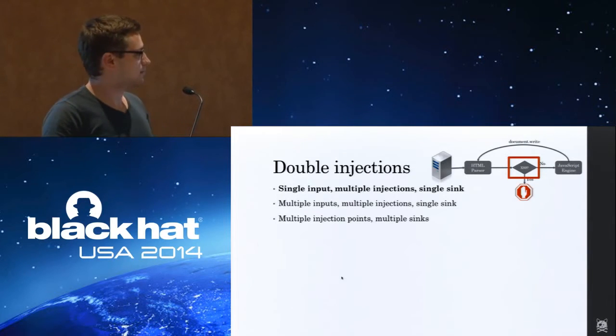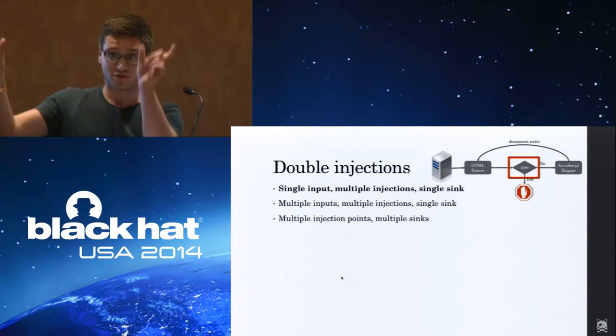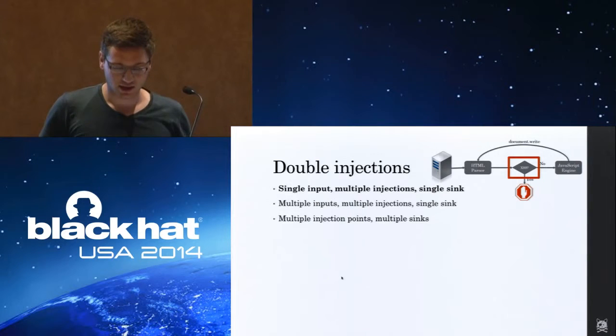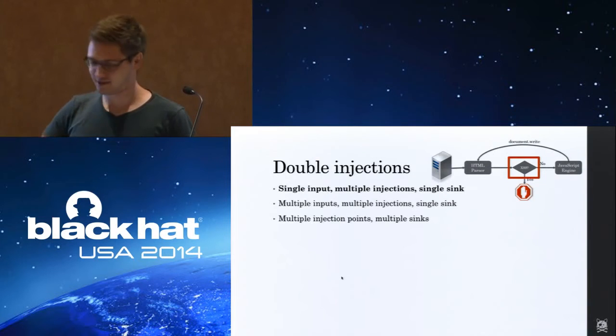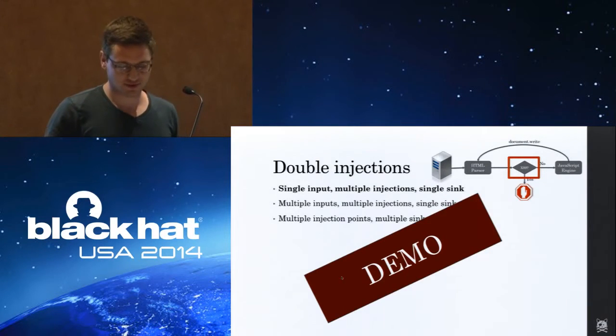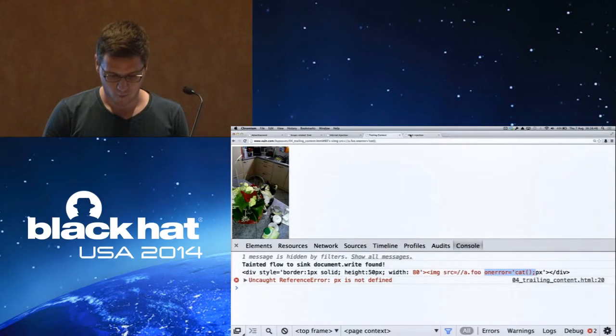You might also have multiple inputs with multiple injections, so taking 2 different parts of the URL and putting them in there. And you might even have multiple injection points with multiple sinks, but this is way too complicated, I think. So I'm going to try and demo only the single input multi-injection.